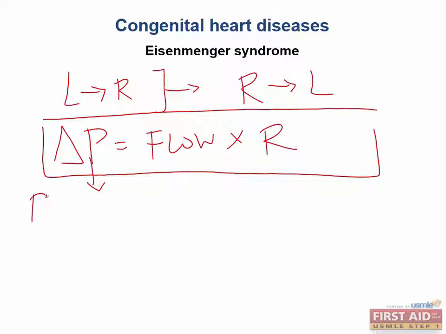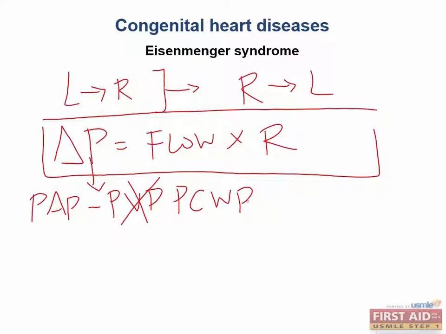We're talking about pulmonary artery pressure minus the pulmonary venous pressure. Now, what is the equivalent of pulmonary venous pressure? The pulmonary capillary wedge pressure, right? So we can replace this with pulmonary capillary wedge pressure. And remember, we get this using our Swan-Ganz catheter.